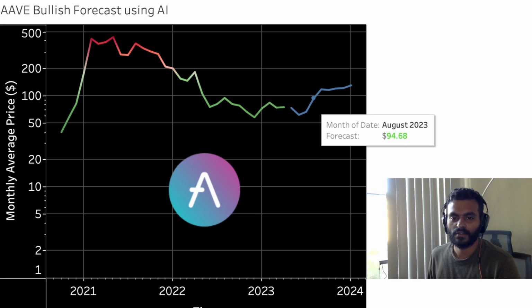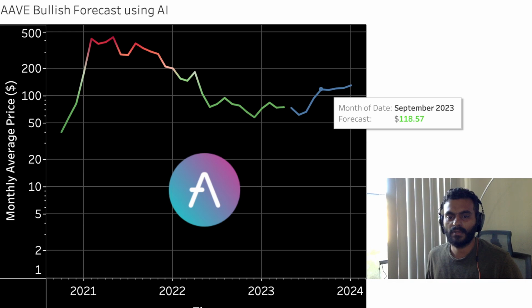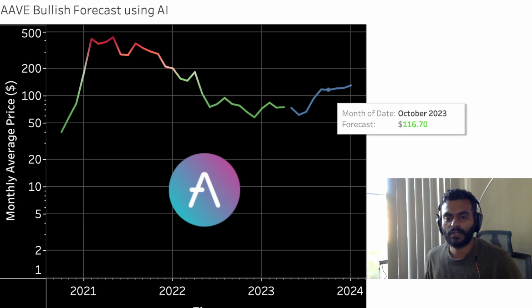In August, the rally is significantly higher than what we saw in the base, where the rally is forecasted at 94 US dollars. In September, the average price is forecasted at 118 US dollars. In October, the price forecast is 116 US dollars. In November, the forecast is 121 US dollars.